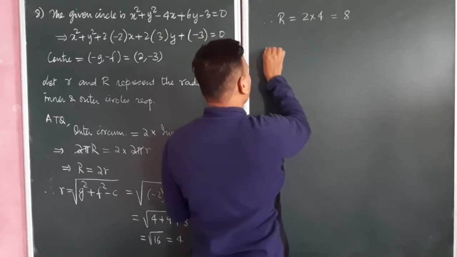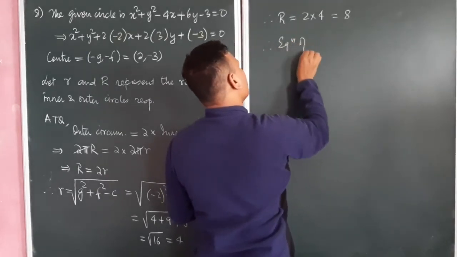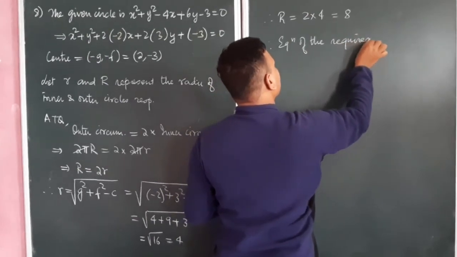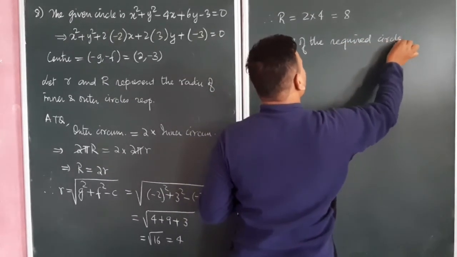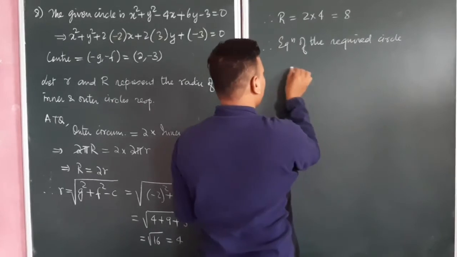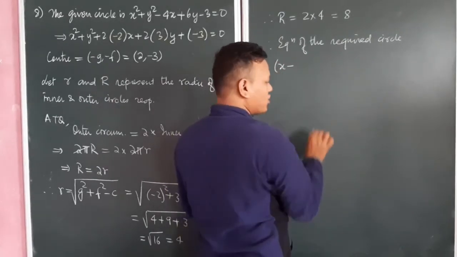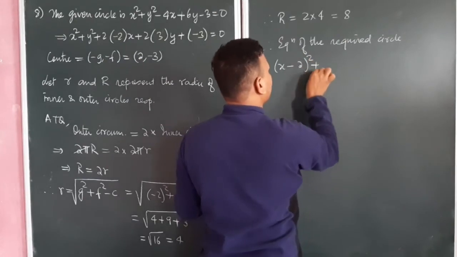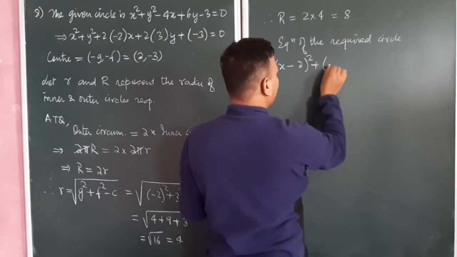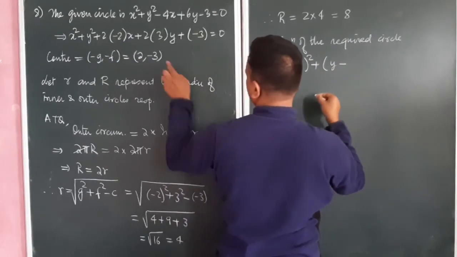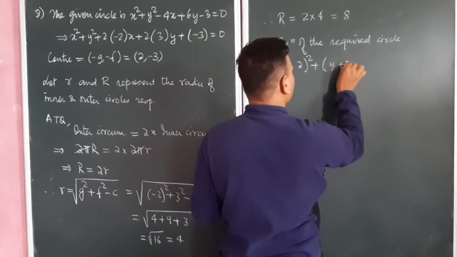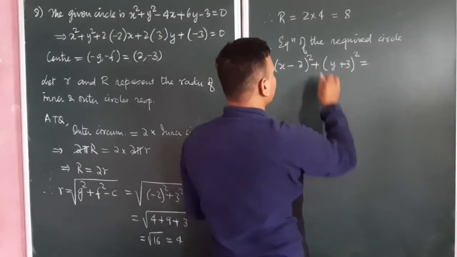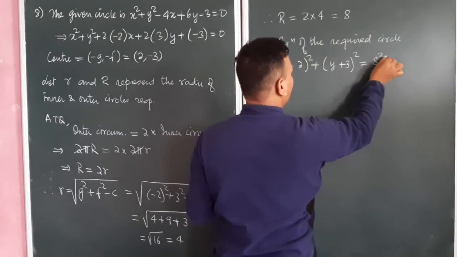Therefore the equation of the required circle, the circle whose circumference is double, will be (x minus h) where h is 2, whole square, plus (y minus k) where k is -3, so that becomes plus 3, whole square equals capital R square, which is 8 square.